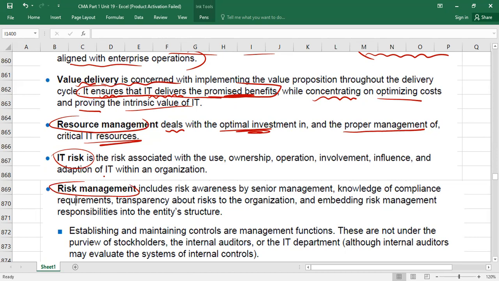Risks are properly identified, properly assessed, and properly managed by setting risk response strategies, right or wrong. So risk management includes risk awareness by senior management, knowledge of compliance requirements, transparency about risk to the organization, and embedding risk management responsibility into entity structure.